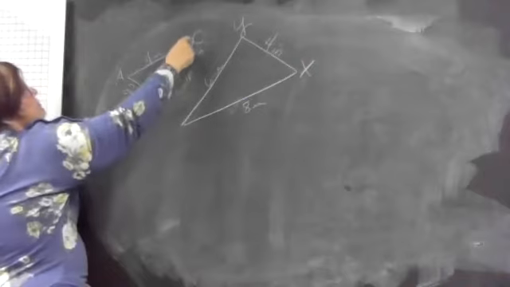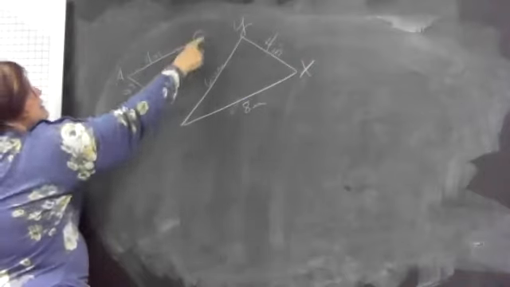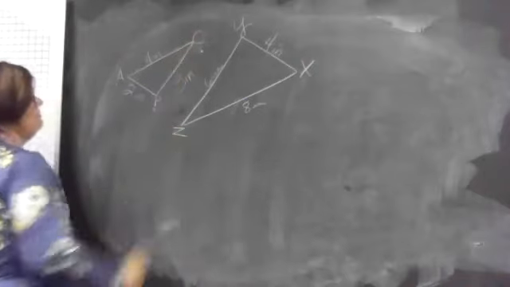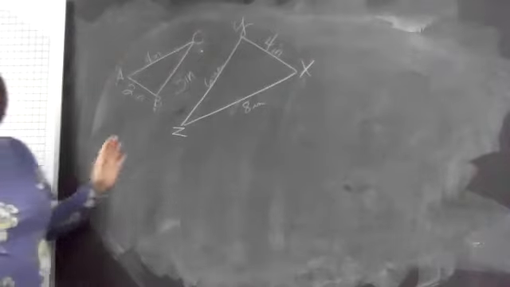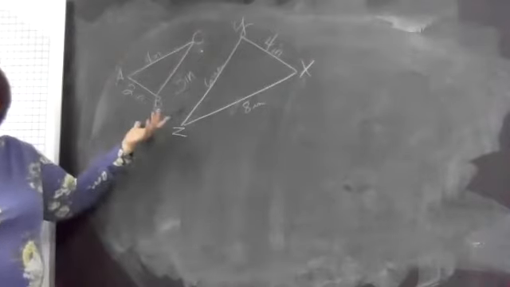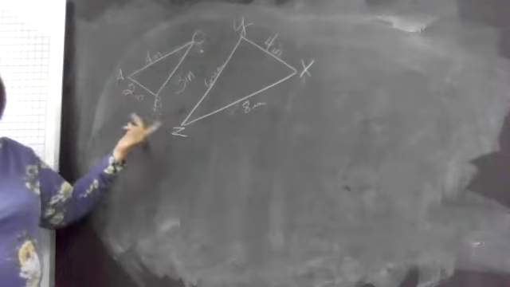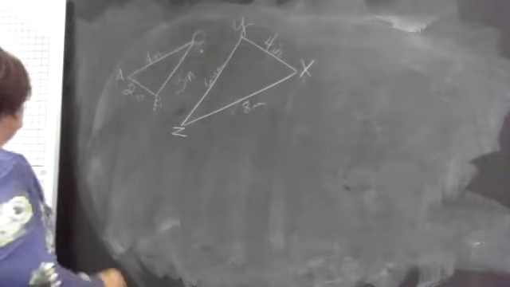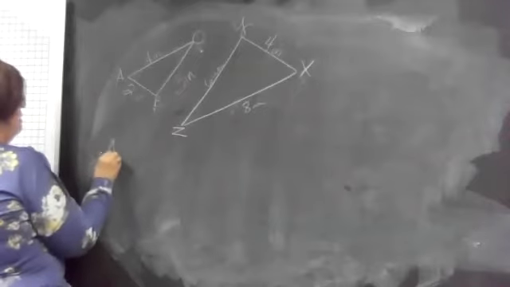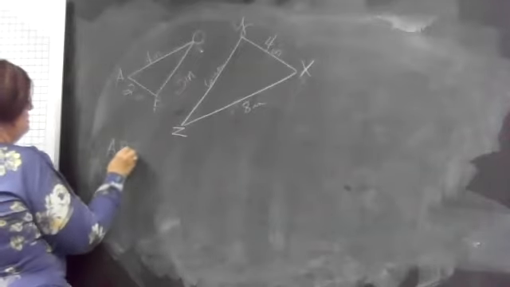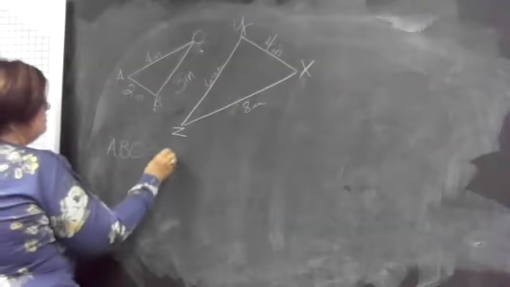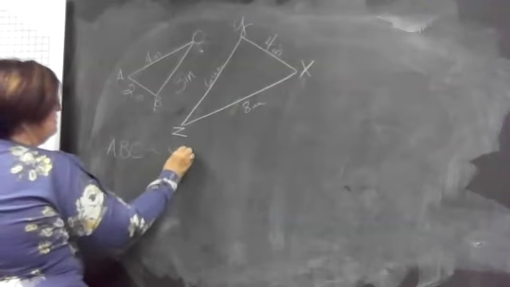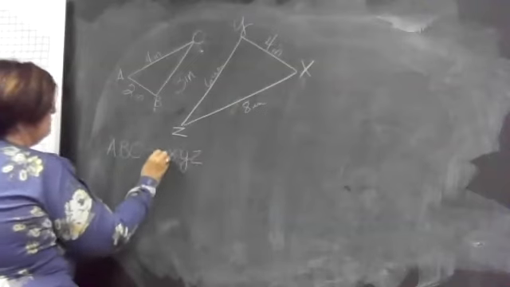So the high point is C here. We're going to call it Z. Now, if you're very careful about putting the letters where they belong, then it's much easier to do. Okay? So I want to show that ABC is similar to XYZ.